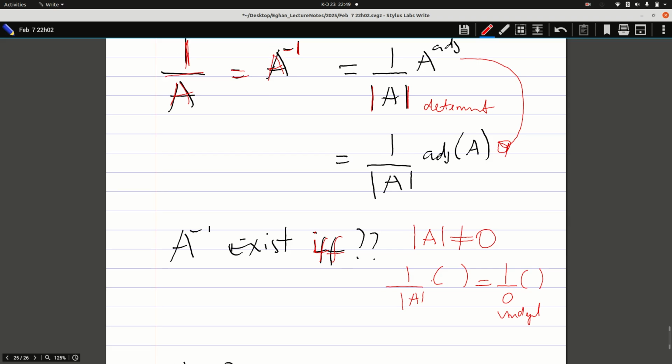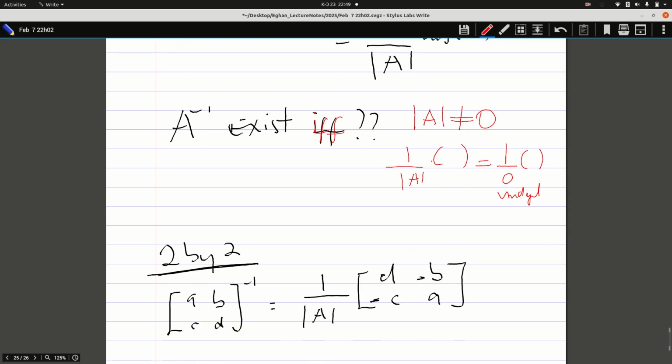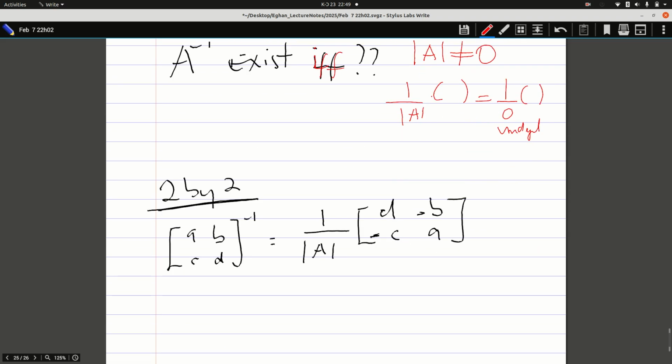Okay, so I want to try a 2 by 2 inverse. What will be the determinant? I know the determinant of this is going to be AD minus CB. The adjoint, I've already found the adjoint here.